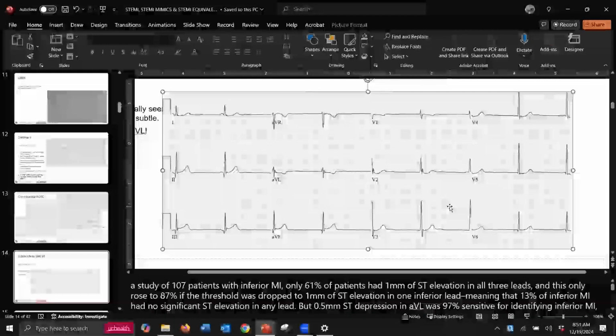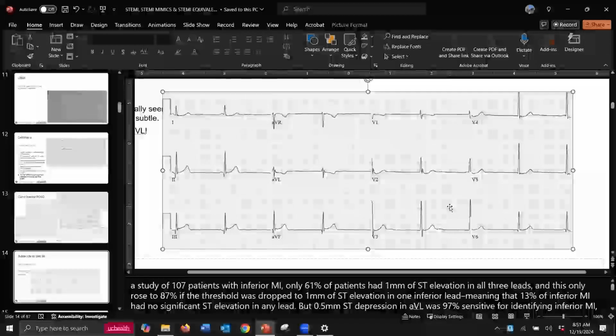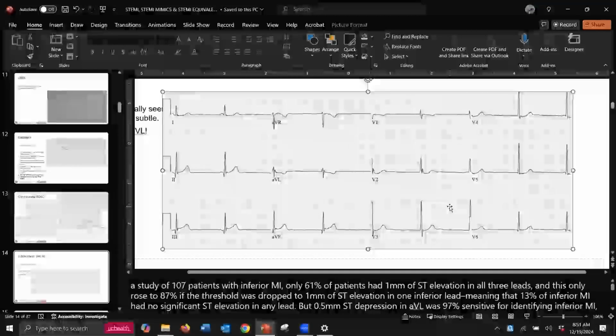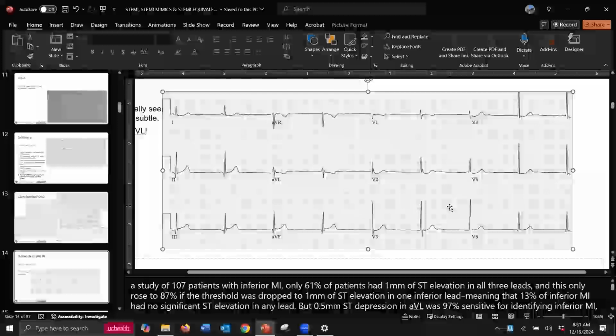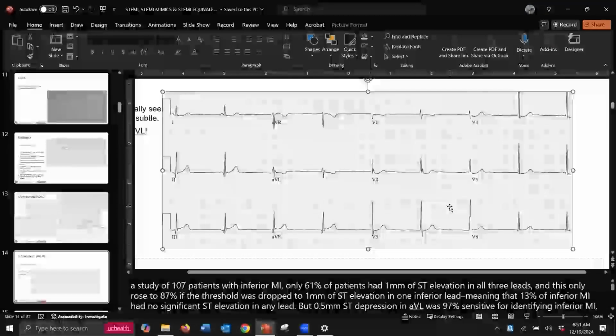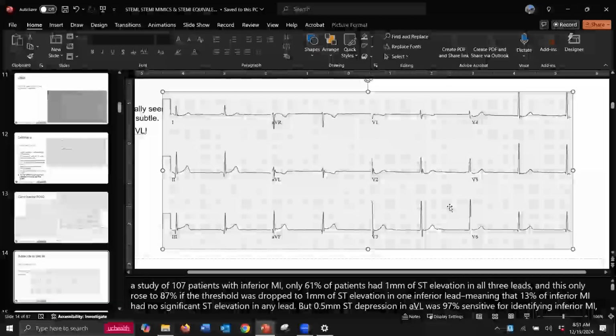What else do we see in here? Do we see any ST elevation? Yes or no? I see elevation in 3, elevation in AVF. To meet STEMI criteria, that needs to be, depending upon who you read, who you think, and what your protocol is, used to be 2 millimeters. Now most protocols are 1 millimeter throughout, right?